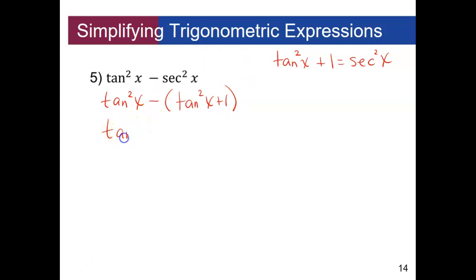Okay, I'm going to distribute my negative sign. What I'll see is that these two are going to cancel, and I'm going to be left with negative 1. Again, if you put negative 1 as your answer and you don't show me these steps, you're not going to be getting credit for this.